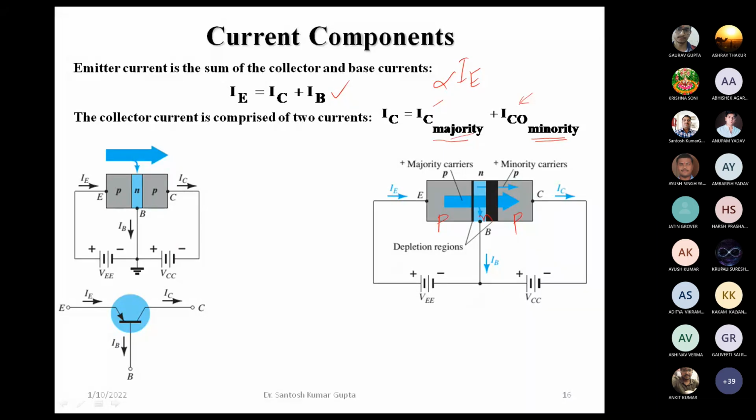Already we have seen that majority carriers are flowing from the emitter towards the collector, and there are minority charge carriers also which may flow from the collector towards the base, and these together form the minority carrier current. That minority carrier current is nothing but ICO, having two current components, INCO and IPCO.